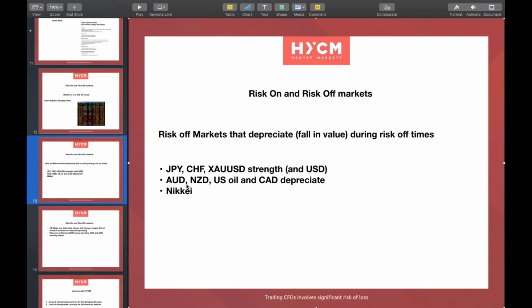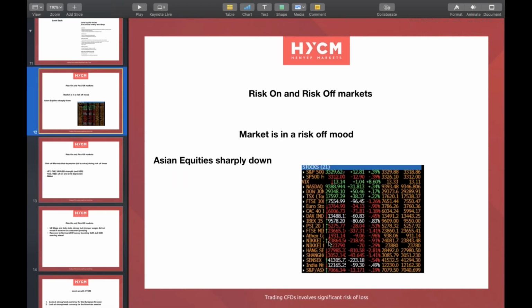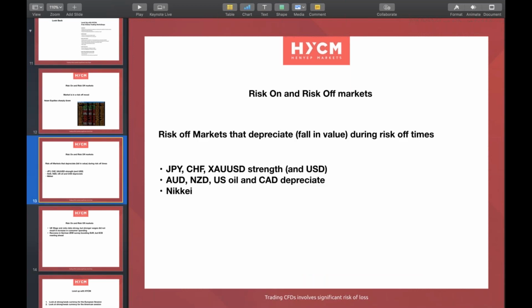And then we expect to see Australian dollar, New Zealand dollar, US oil, and Canadian dollar depreciate. A good handy tool that I use is the Nikkei. If you look at the Nikkei here, it's down 0.91%. And when the Nikkei is down, you tend to see the Japanese yen strengthening.